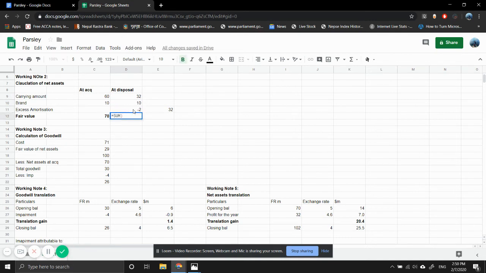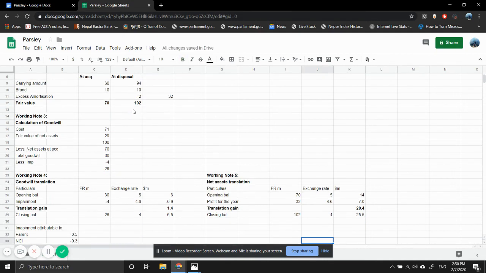The sum of all this should not be only 40, it should be 92. Not only 92, 94. So that's how much it should be. So 14 plus 7. This minus this minus this 4.5, right?